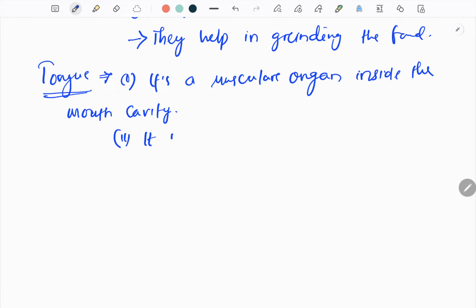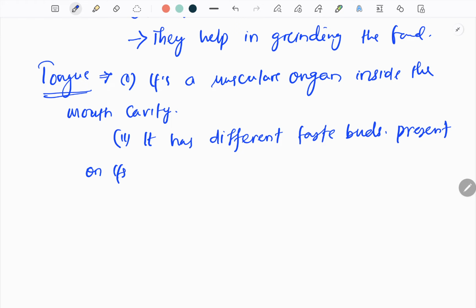It has different taste buds present on its surface.